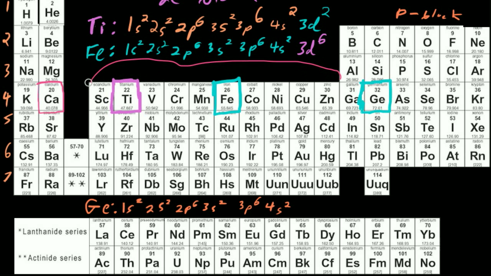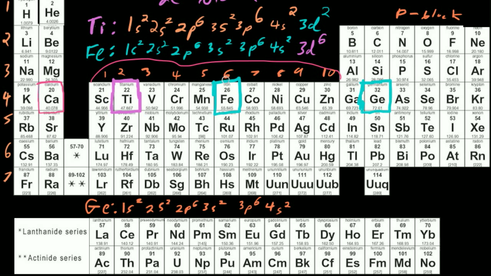So how wide is this d block? We have 1, 2, 3, 4, 5, 6, 7, 8, 9, 10. So we've got 10 different elements in this d block to completely fill up our d orbital. Okay? So we're going to have a completely full d orbital.